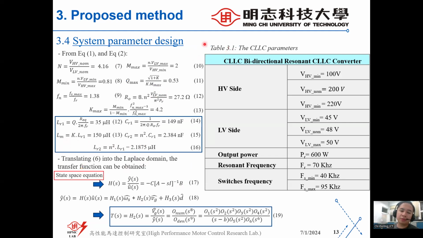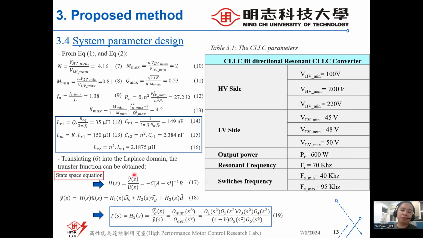And table 3.1 shows the CLLC parameters with the range voltage in the upper side and the range voltage in the lower side: the output power, the resonant frequency, and the range of the switching frequency. And from this table, we can calculate the values of LR1, CR1, LM, CR2, and LR2.